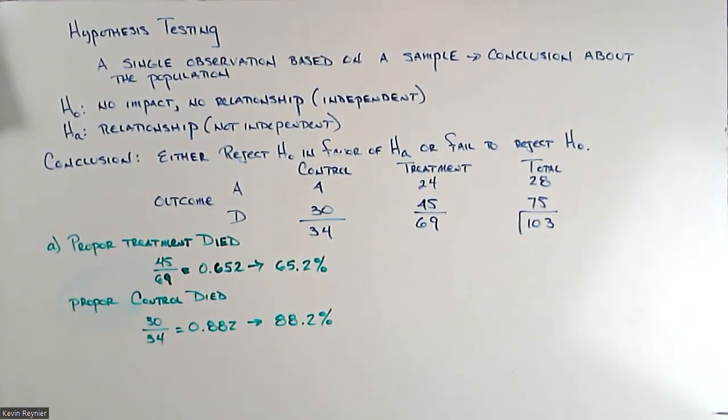Part B says, one approach of investigating whether or not the treatment is effective is to use the randomization technique. This is what you and I did with our treatment and placebo example in class.